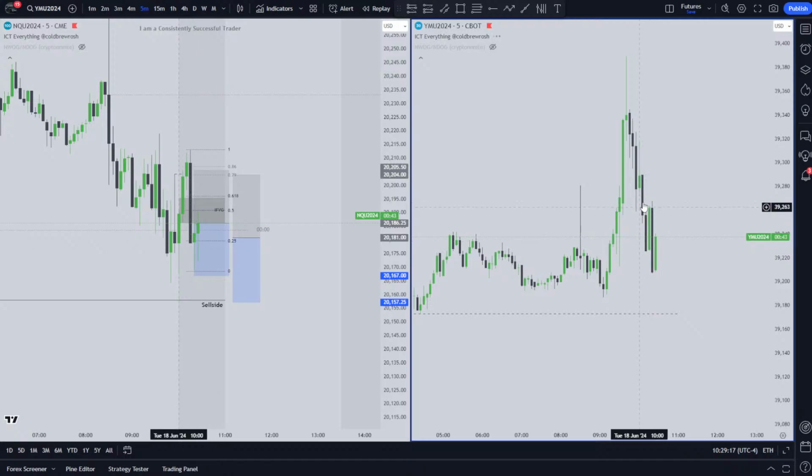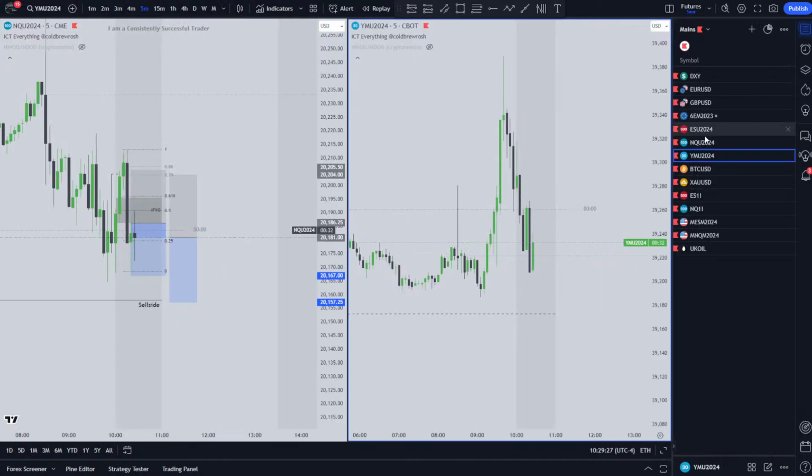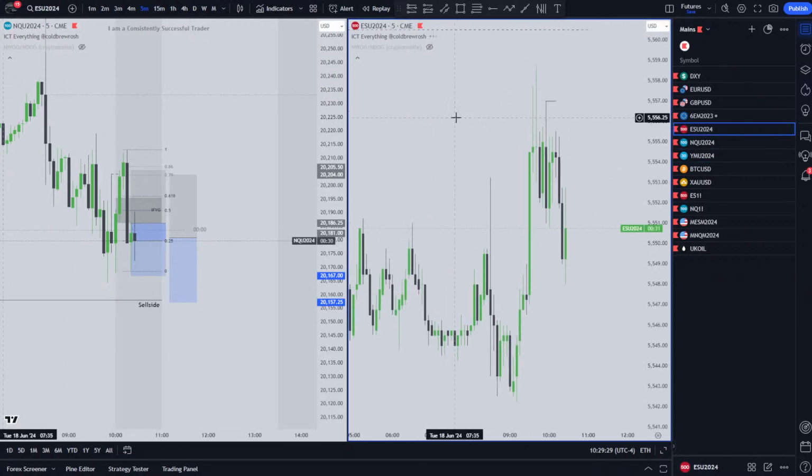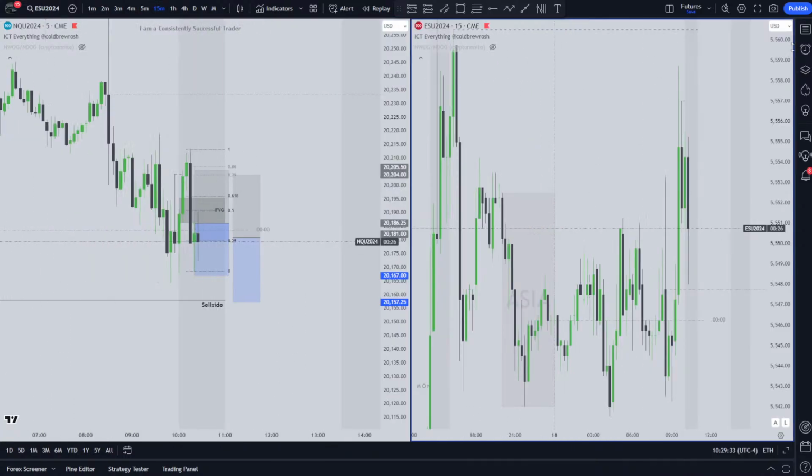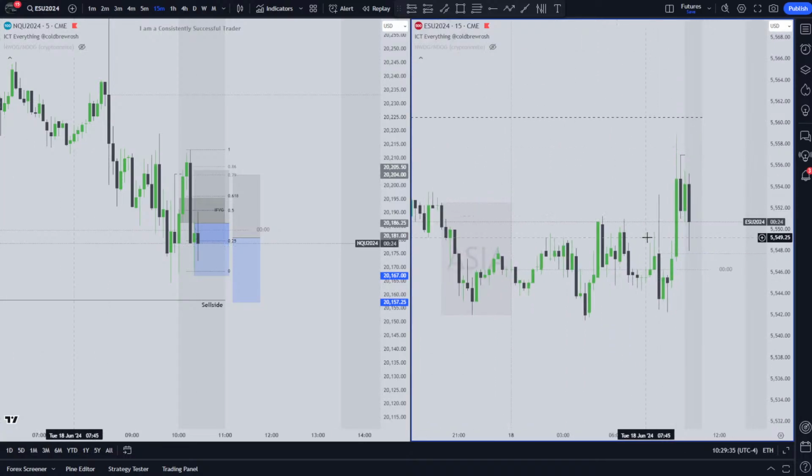Okay, so the 5-minute is reflecting bearish order flow, creating bearish PD arrays, respecting bearish PD arrays. Let's double check ES to see where we're at. So ES is like the odd sheep in this scenario.